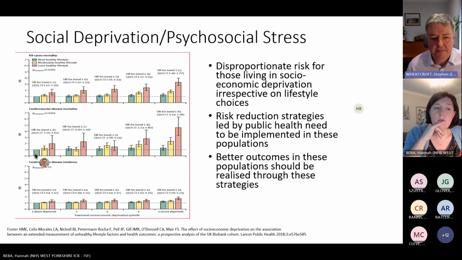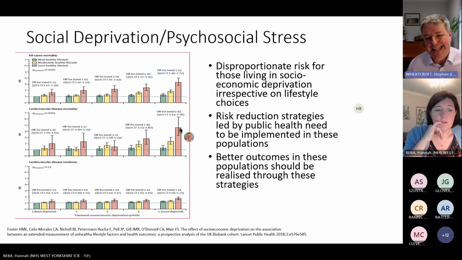And we can see in the bars here that this is the impact of lifestyle on cardiovascular mortality in each range of socioeconomic deprivation.